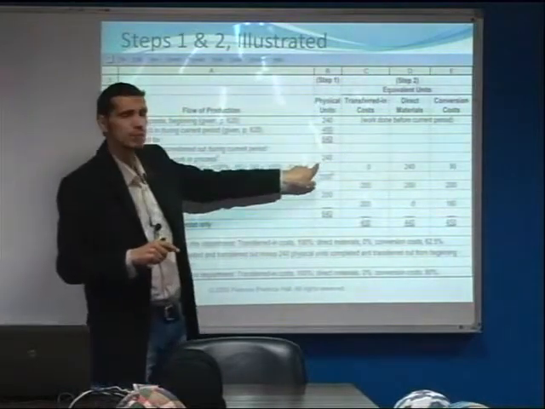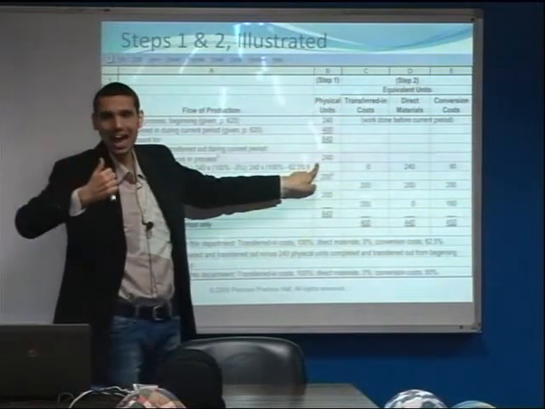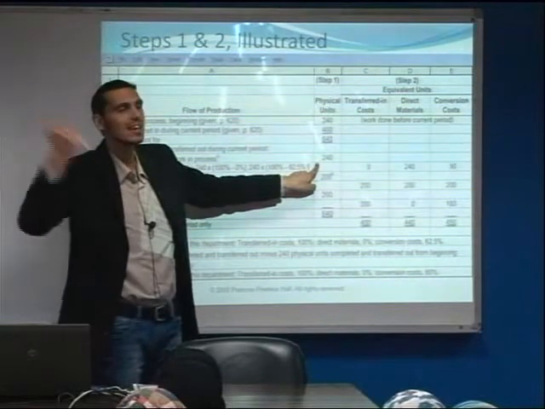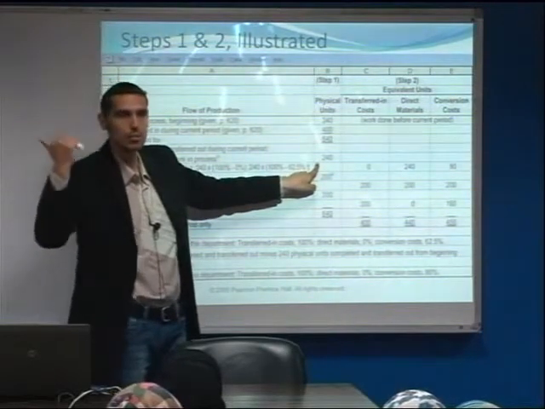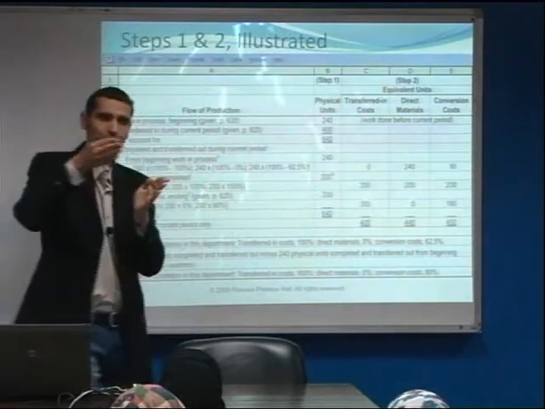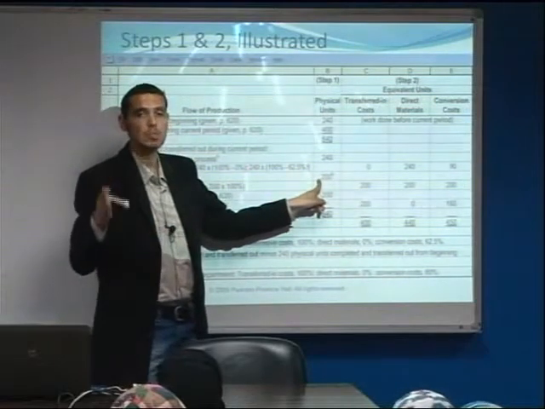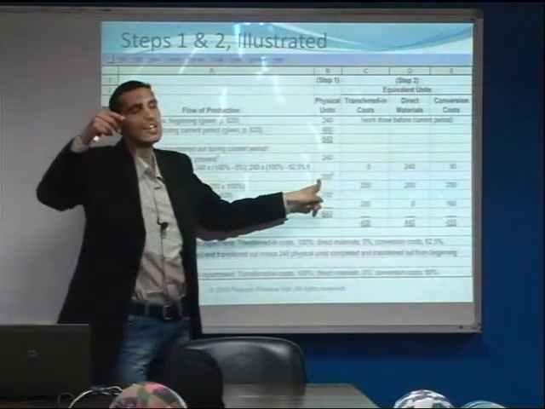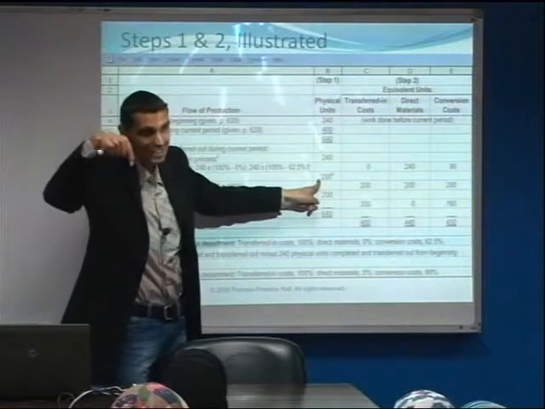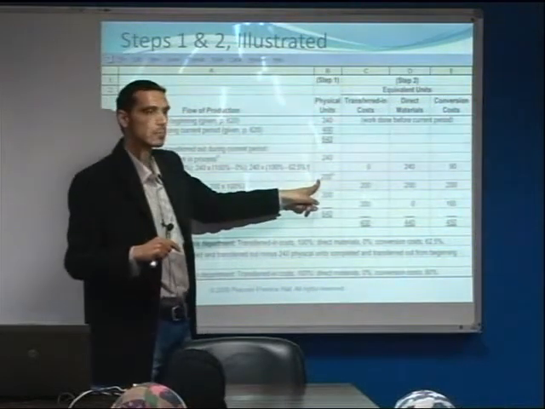Therefore, from the 440, 240 have the origin of the beginning inventory that has been started in the previous period. And in order to continue to 400, we would assume that 200 units would be transferred in this month and completed also in this month.